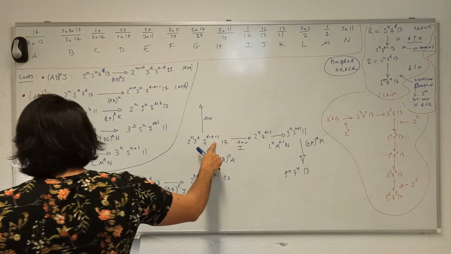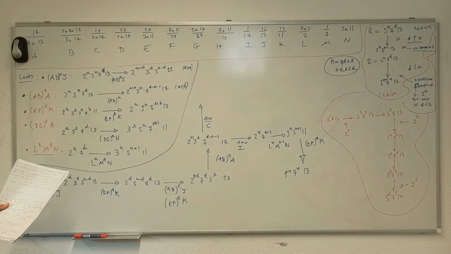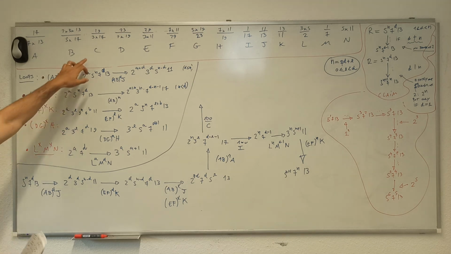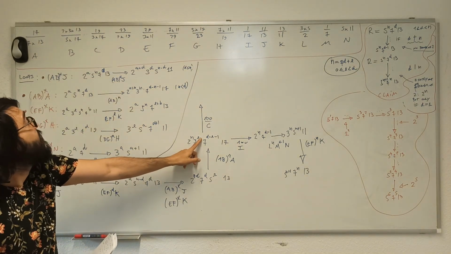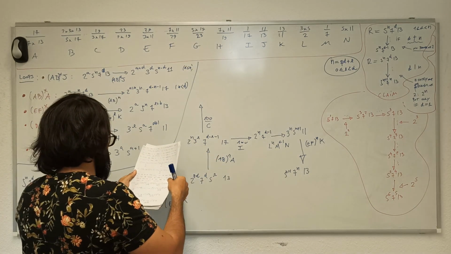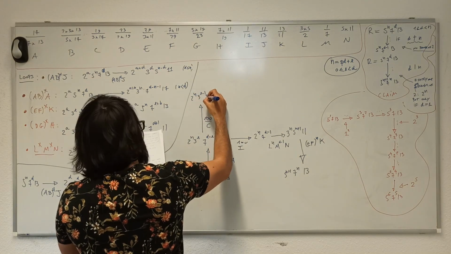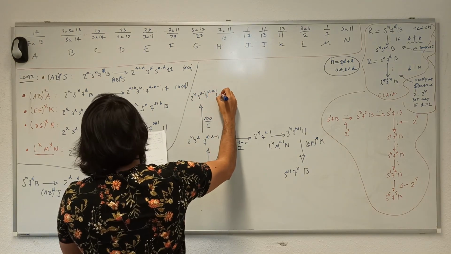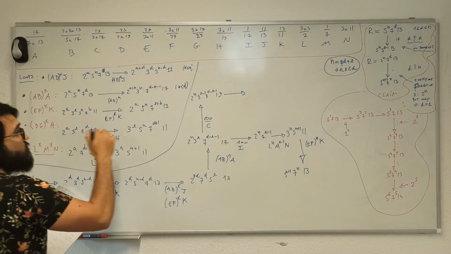If R is positive, then what we can do here, because R is positive, is apply this guy. So it will cancel one of the R's here and remove the 17. So it would be a 2 to the n, 3 to the R minus 1, 19. And in this situation, I can apply a DG.